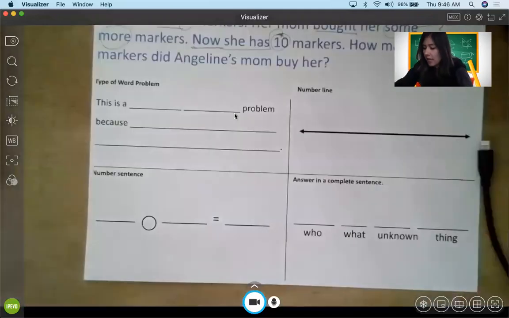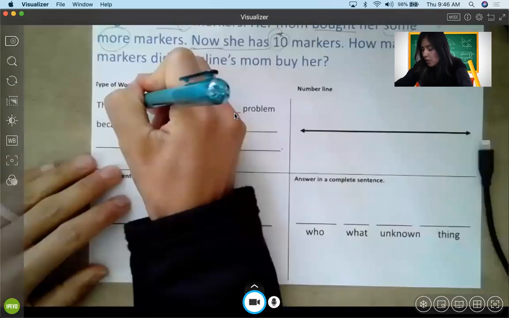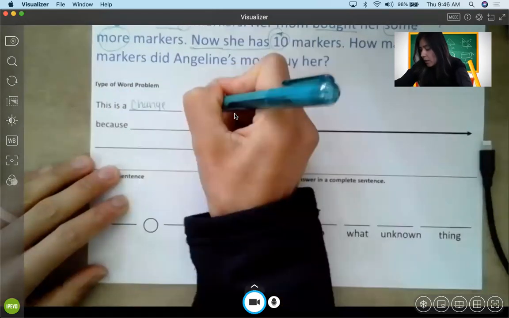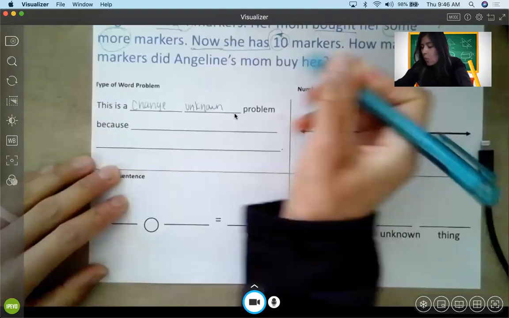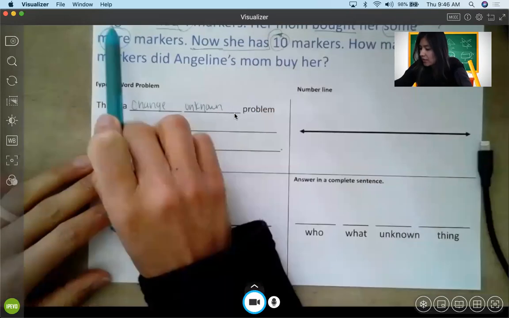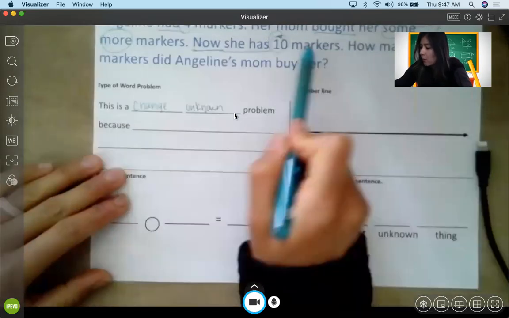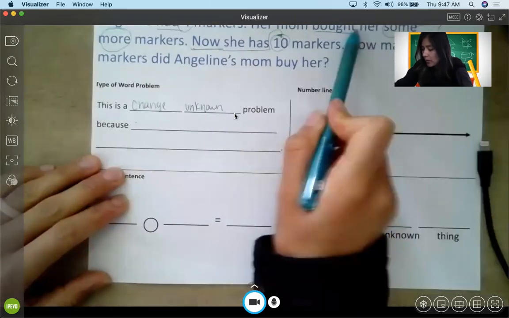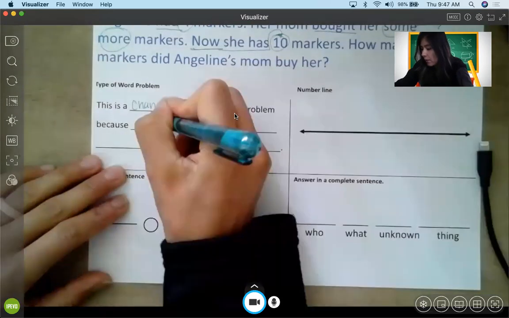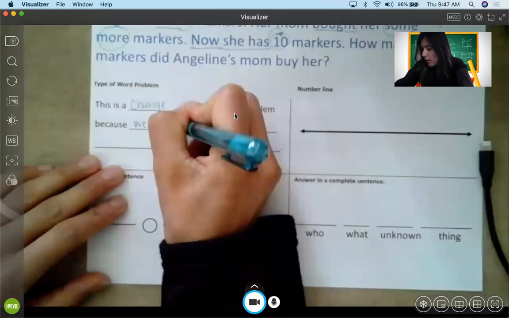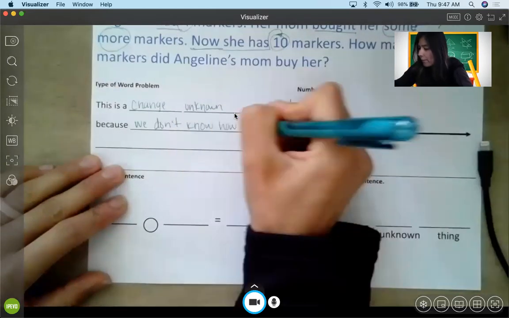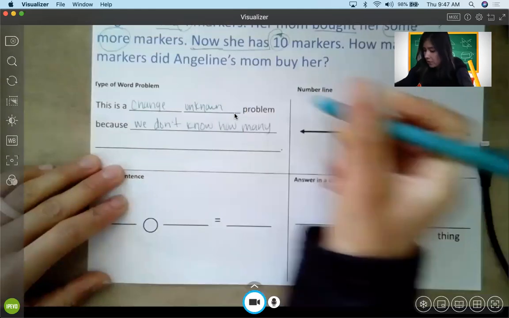This is a change unknown problem because why? We know how many she started with, we know how many she has as a result, but we don't know how many what? How many markers?